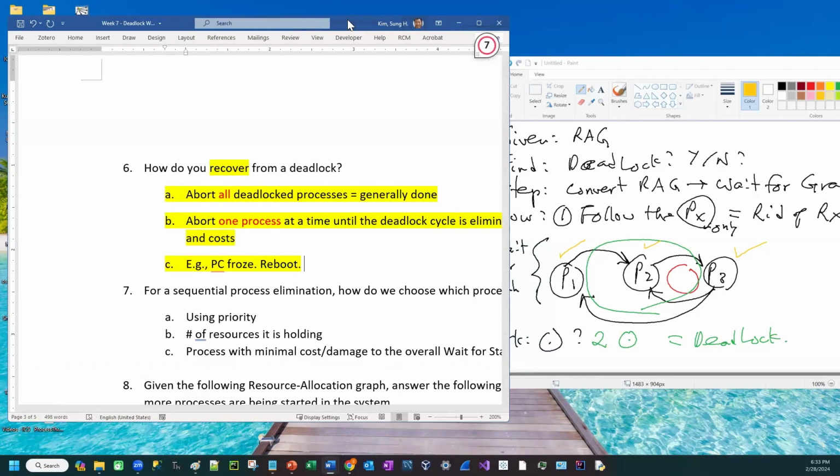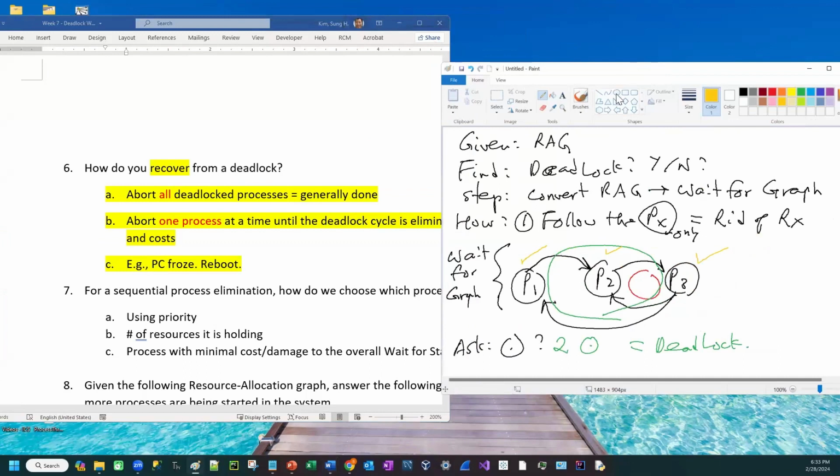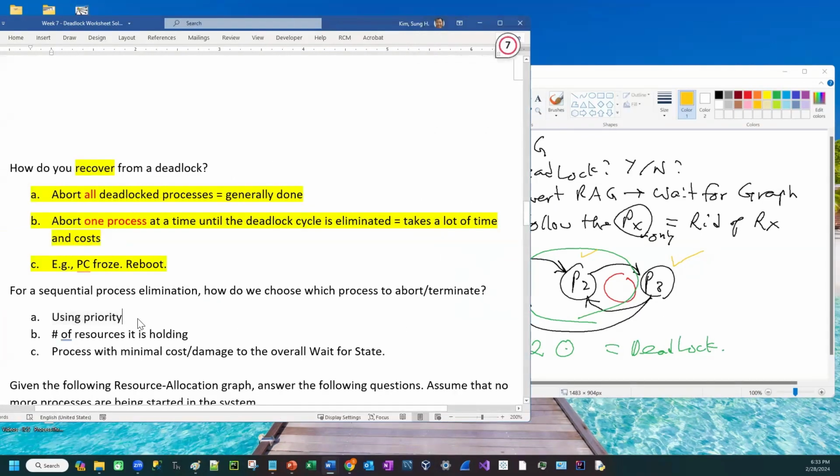Now, to answer the question about getting rid of one at a time, you can use these guys here. Maybe you can assign processes according to their priority, so you don't get rid of that one because it's important.